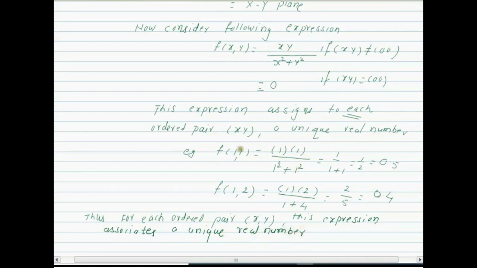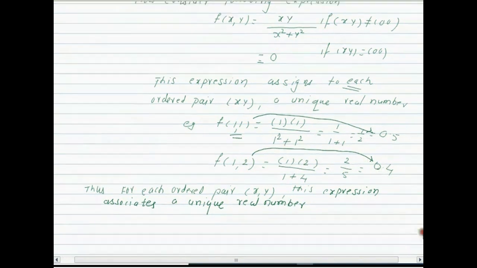Here, to this ordered pair, it assigns a unique real number 0.5. Here, this expression assigned to this ordered pair a unique number 0.4. It cannot be another number. It is unique. For 1 and 2, if the ordered pair is (1, 2), you will get this value. Right? So it is unique.